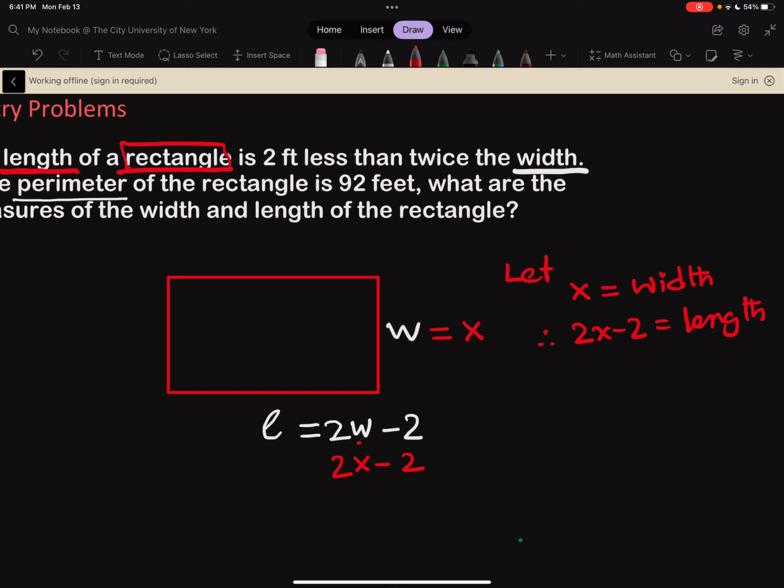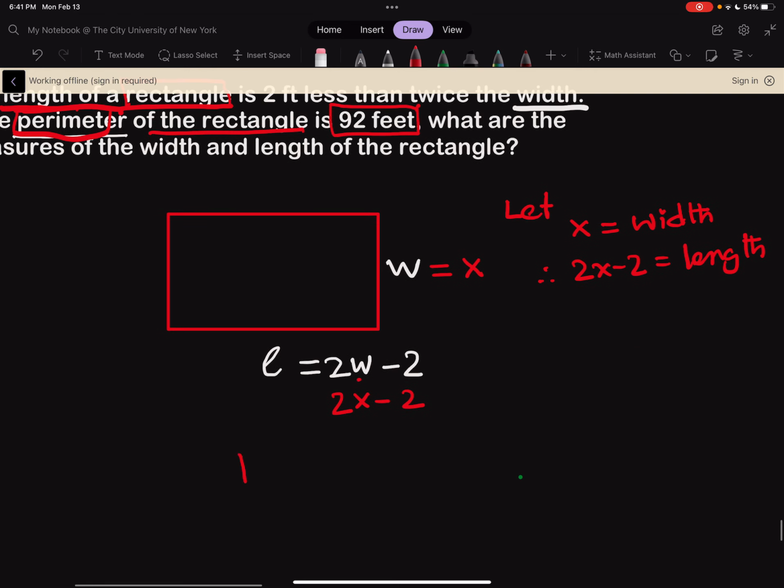Once they tell us the perimeter of this rectangle is 92 feet, what is the perimeter of a rectangle? We know that a perimeter is the continuous boundary line of any closed figure.